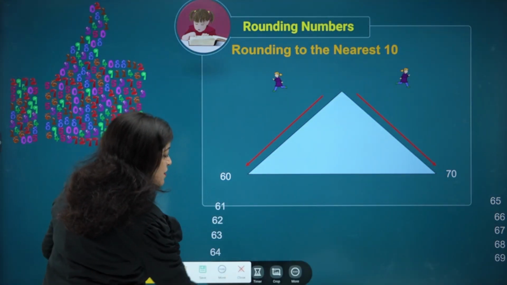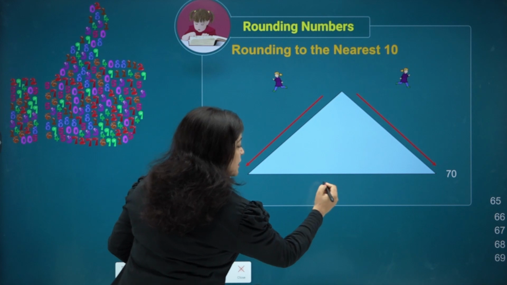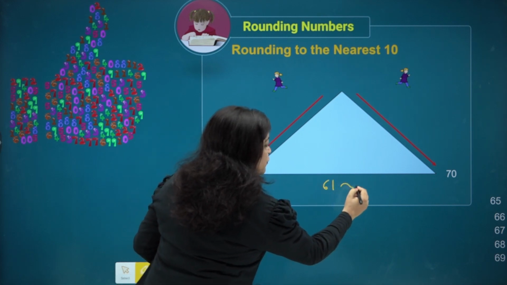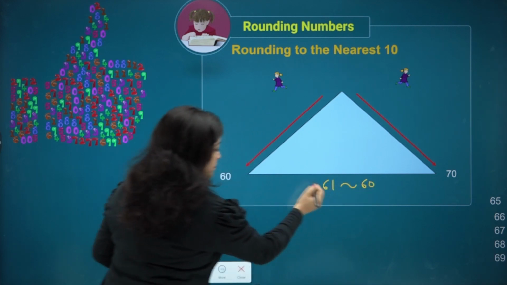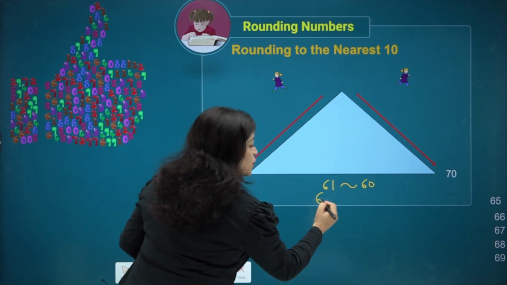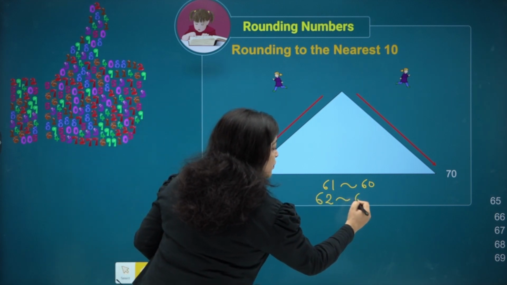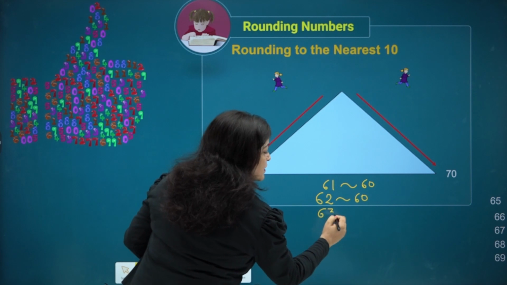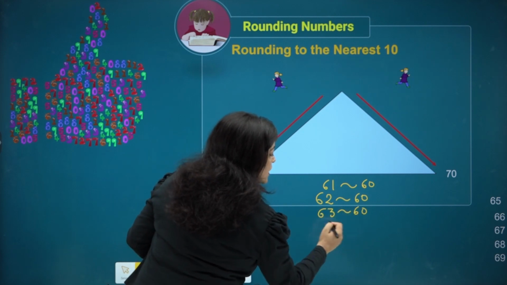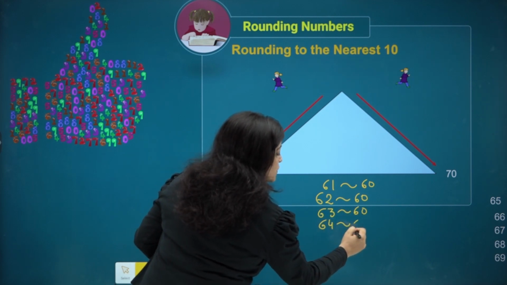So here we use a symbol. Now if 61 is rounded off, we round it off to 60 in this manner. If 62 is to be rounded off, it will also be rounded off to 60. Similarly, 63 rounded off to 60, 64 rounded off to 60.